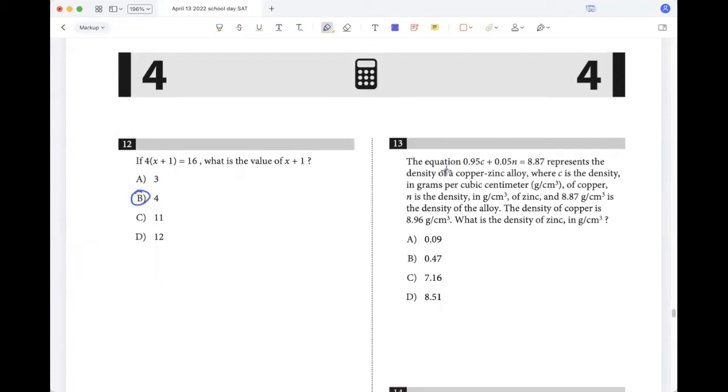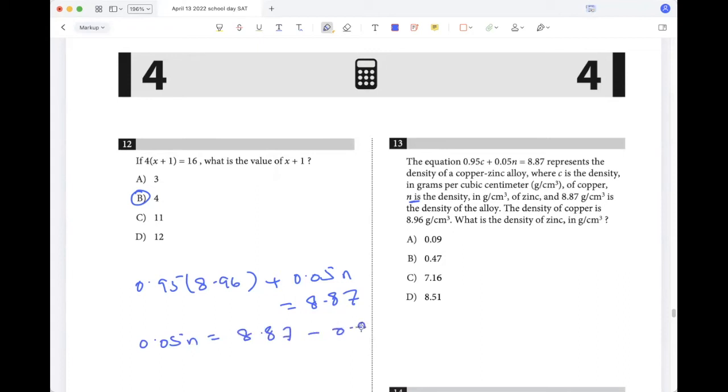Okay, so the value of N is the density of zinc, right? So copper is given. So 0.95 into 8.96 plus 0.05N is 8.87. So 0.05N is 8.87 minus 0.95 into 8.96. So let's plug that in.